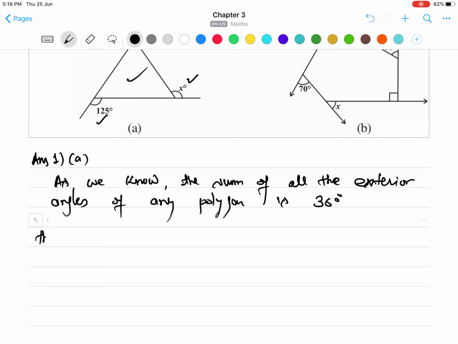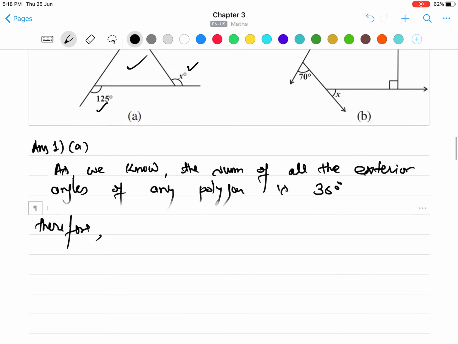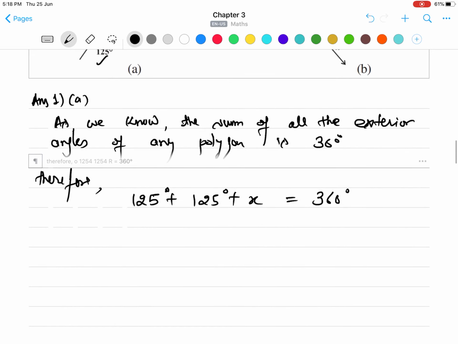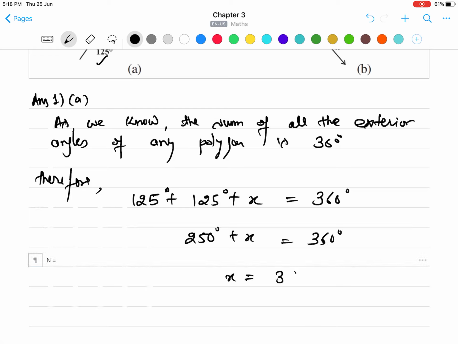Therefore, the sum of the measure of all three angles will be equal to 360 degrees, that is 125 degrees plus 125 degrees plus x will be equal to 360 degrees, or this 125 plus 125 will be 250 degrees plus x equals 360 degrees, or x from here will be 360 degrees minus 250 degrees, and x is equal to 110 degrees.